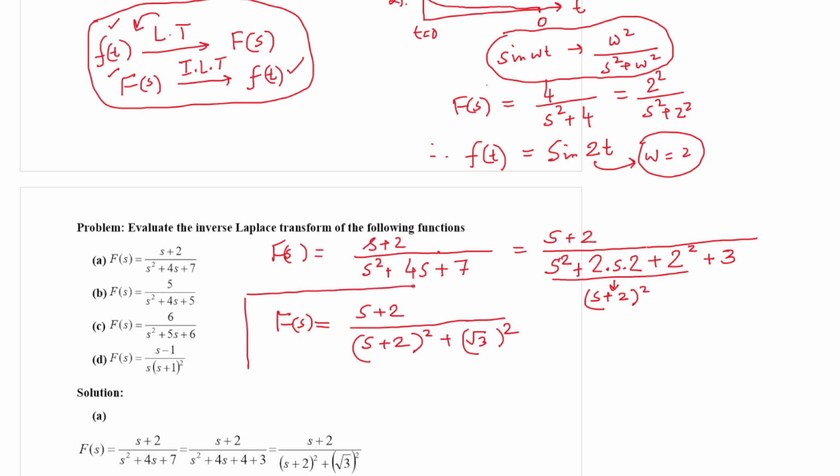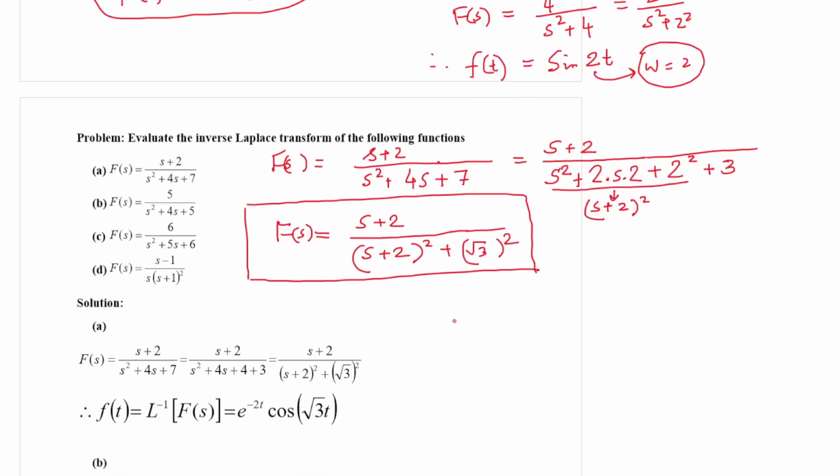From there you should try to identify the well-known form. In which transformation do you observe this form? If you look carefully, what is the Laplace transform of cos(omega t)? It will be s divided by s square plus omega square.